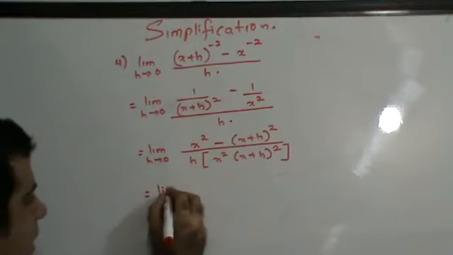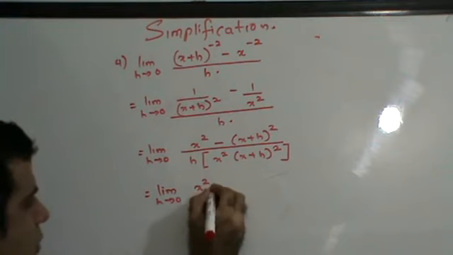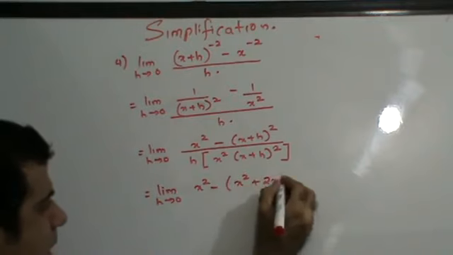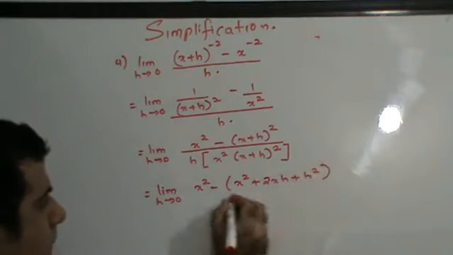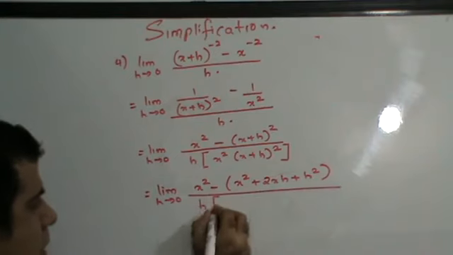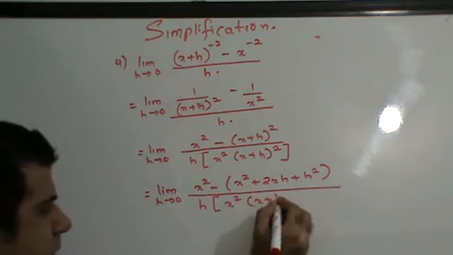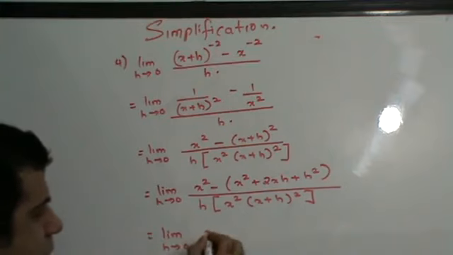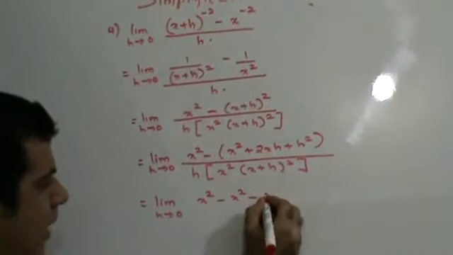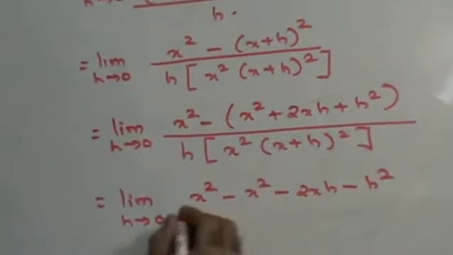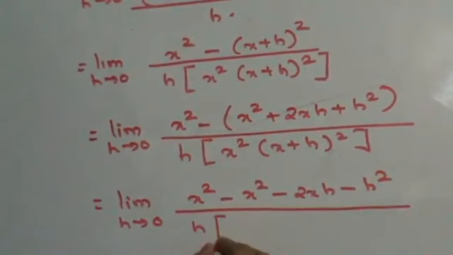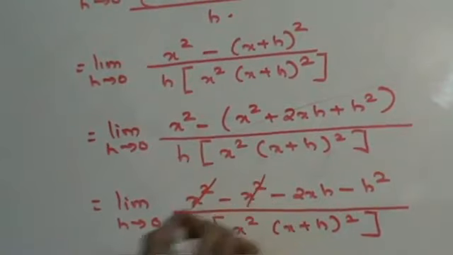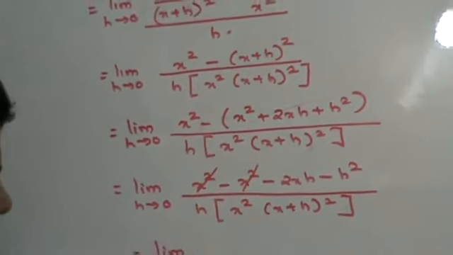Now this can be written as limit of h tends to 0, x square minus the expansion of a plus b the whole square, a square plus 2ab plus b square, upon, don't touch the denominator, let it be as it is for the timing, x square into x plus h the whole square. Open the brackets: limit of h tends to 0, x square minus x square minus 2xh minus h square upon h into x square into x plus h the whole square. x square and x square get cancelled.